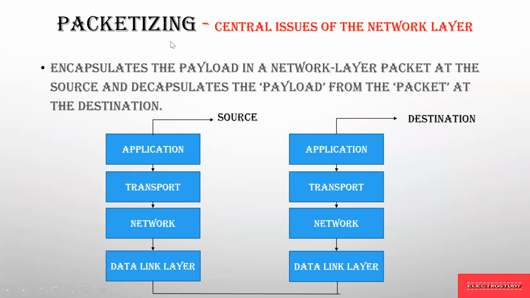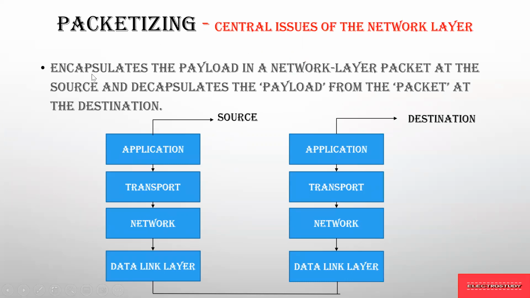Packetizing. This is one of the central issues of the network layer. Here you have the upper layer protocols, that is application, transport layer, network layer and data link layer. On the destination side also the same layers are followed. When you say packetizing, remember two words: encapsulation and decapsulation.